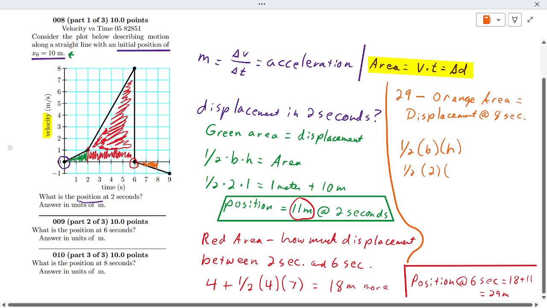What we need to do is look at the slope. And we can see that it is at a y value of 0 at 6 seconds and 1 at 9 seconds. That means that the slope is actually negative 1/3.